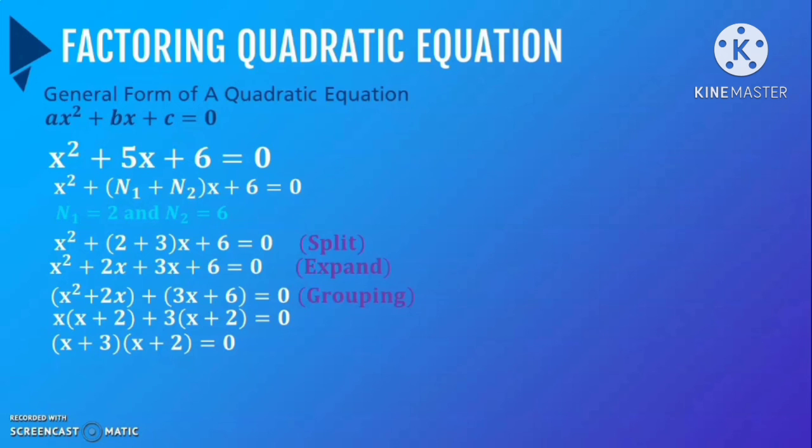We can say that at least one of them will be 0. Either x plus 3 equals 0 or x plus 2 equals 0. Transposing the constant to the right, we can say that x equals negative 3 or x equals negative 2, and these are the roots of this quadratic equation.